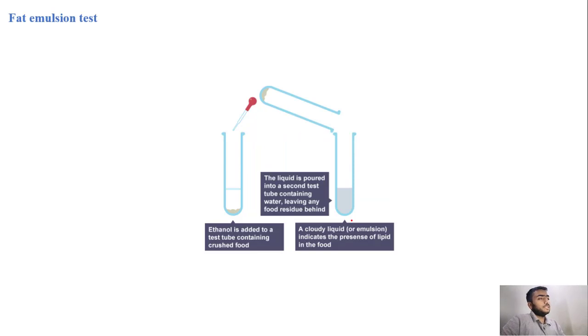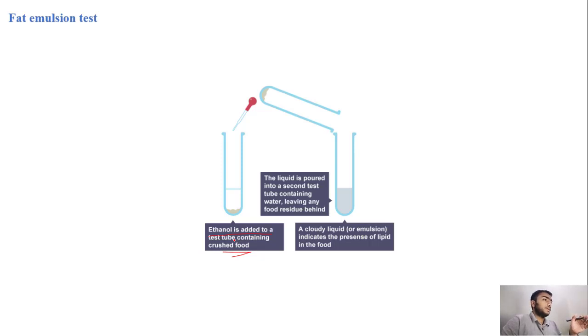Fat emulsion test is for obviously fats, and ethanol is added to a test tube which is containing crushed food. So you can crush a food, a bread or other flour product or other fat source, and then put a few drops of ethanol and then shake it, and then you must take out the solution and put it into a different test tube which contains water.